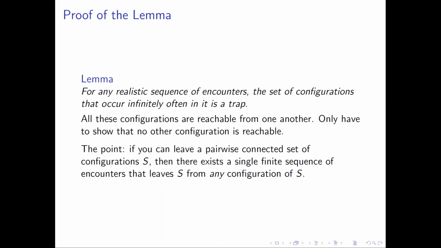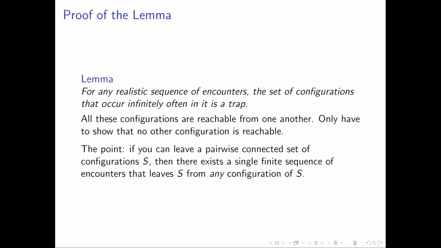If I have some pairwise connected set of configurations, which I call S, and I can leave it, I assume this for contradiction, then there exists a single finite sequence of encounters that leaves S if I start applying it after any configuration of S. The point is that the same finite sequence works for any configuration of S. Why is that?